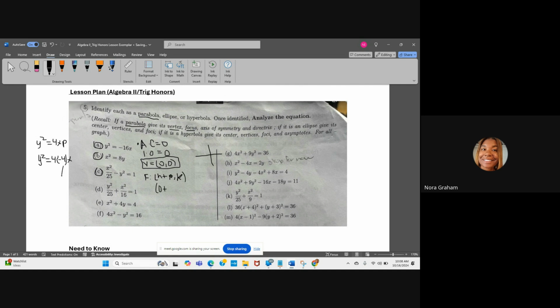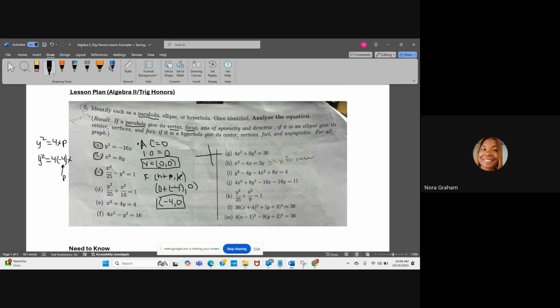So this is my p. My p is negative 4. So that's negative 4, and then comma, we know our k is 0. So our foci for this one is just going to be negative 4, 0.